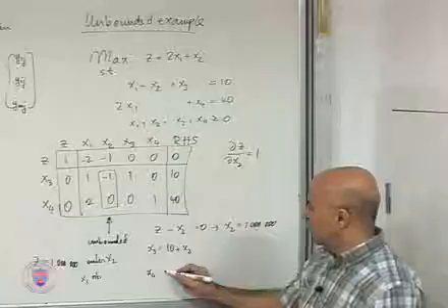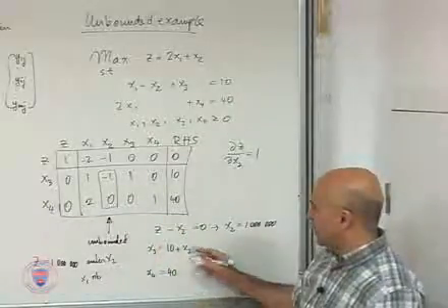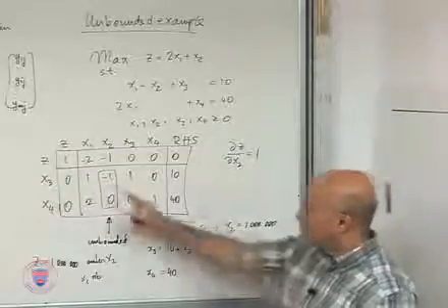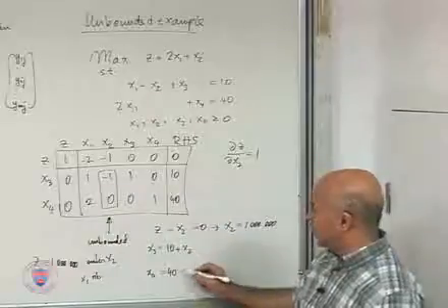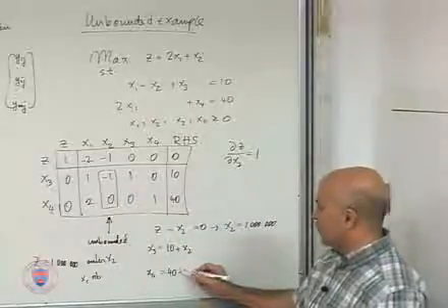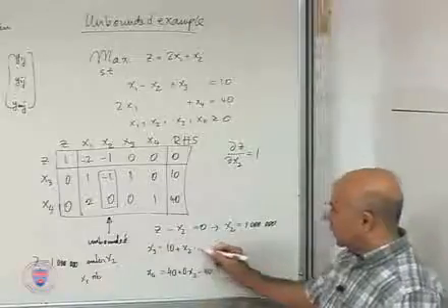And the other one is equal to 40 plus 0 times x2, so it won't change. But this one changes, of course.